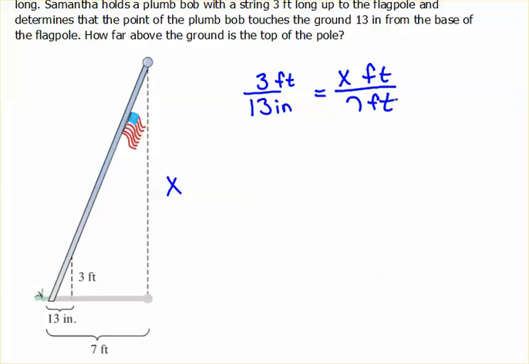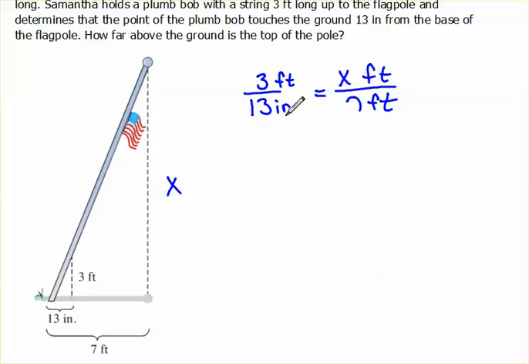Now there's a problem here. We're not comparing apples to apples. We're comparing feet to inches and feet to feet. So everything has to be in the same units before we can actually technically compare it. So what we need to do first is change these inches into feet.